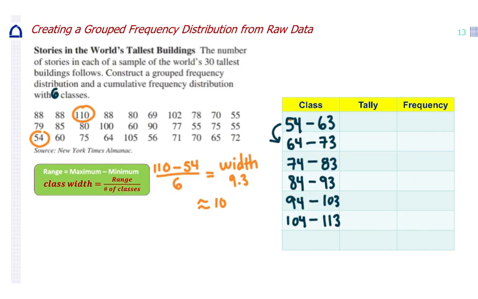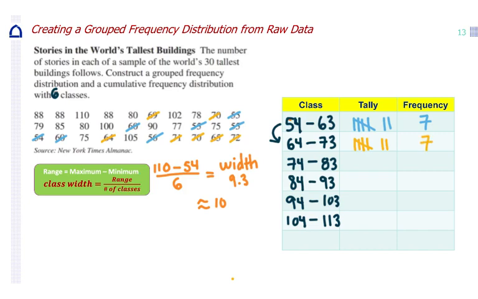So then we have to go through row by row and count the number of items in each row that we created. In the first row, 54 to 63, I counted 7 data points. In the next row, which will be 64 to 73, I also counted 7 data points.